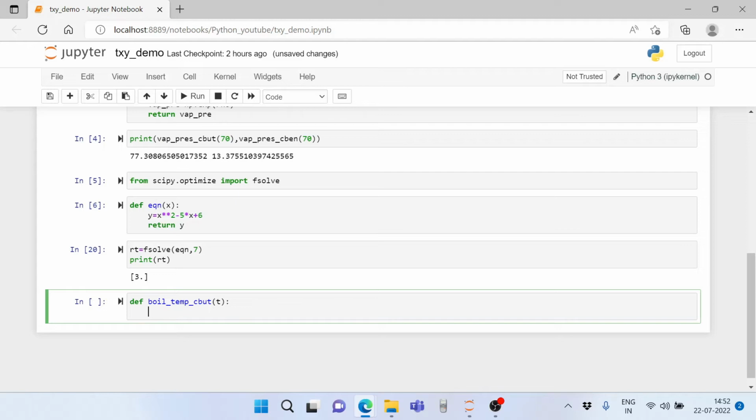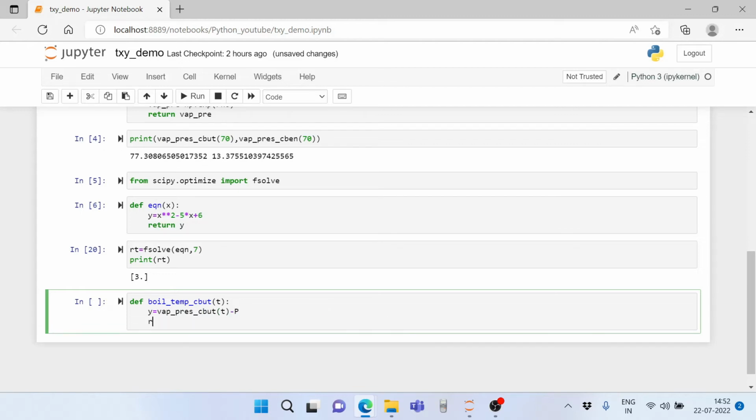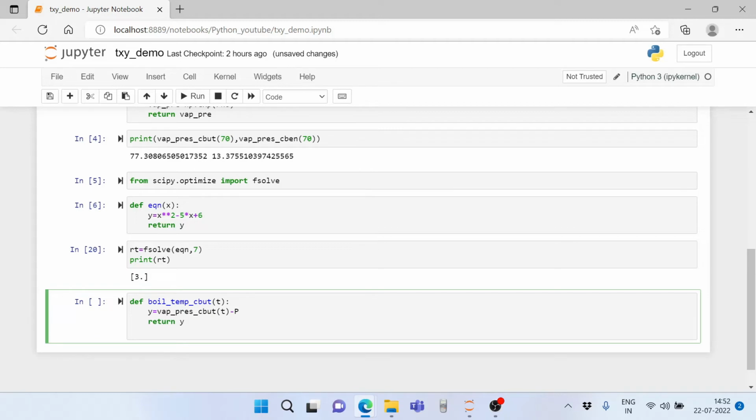We write the output Y as the vapor pressure of chlorobutane at the temperature minus P, and then we return the value of Y.